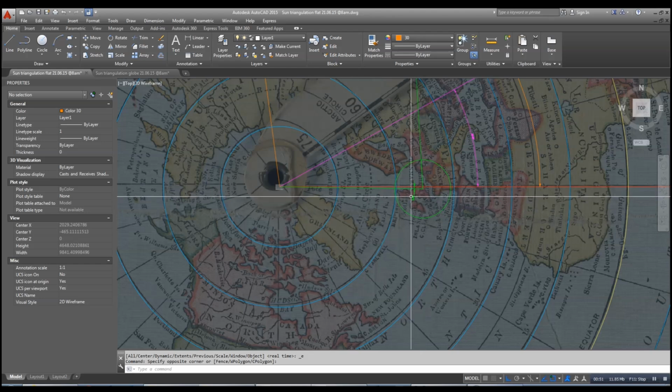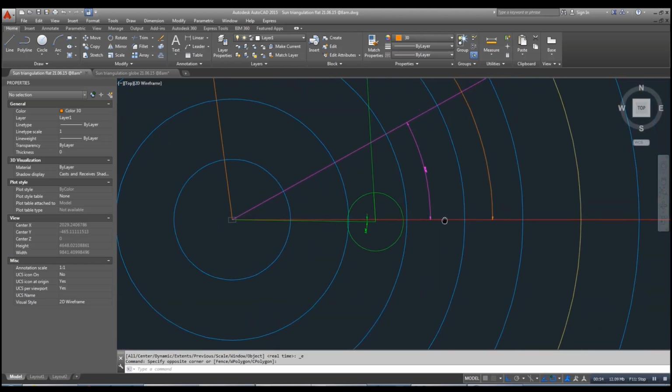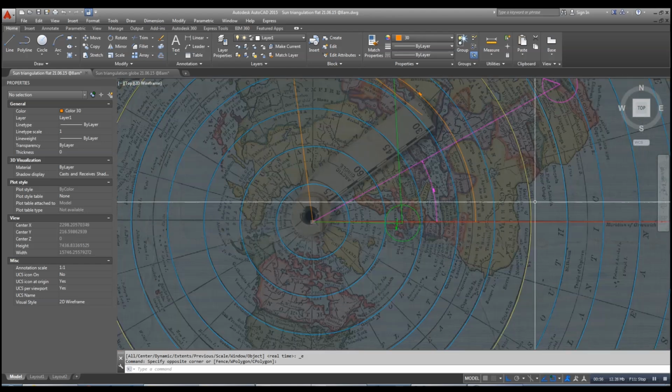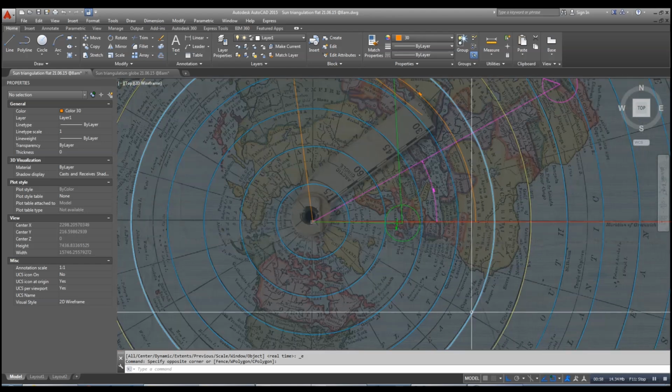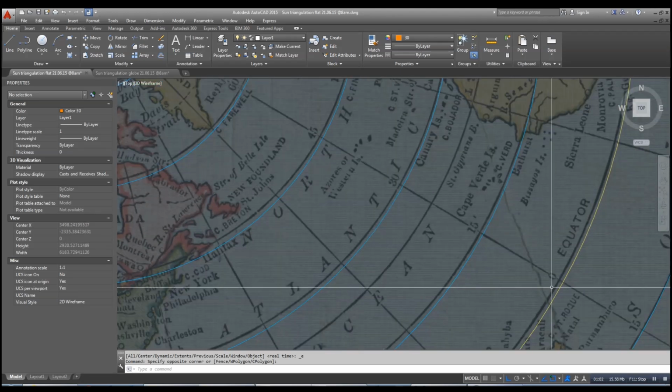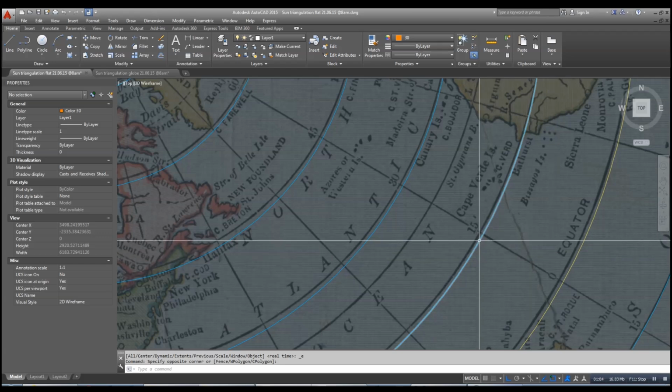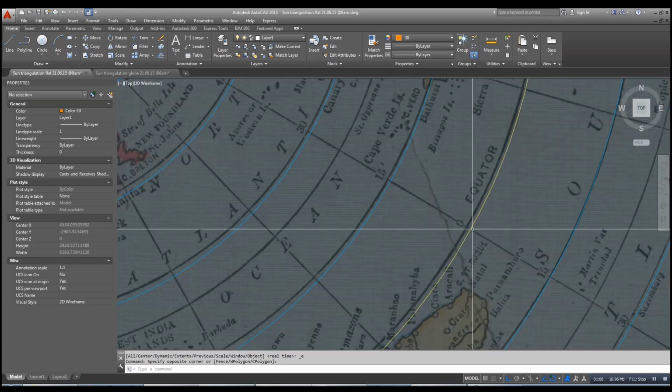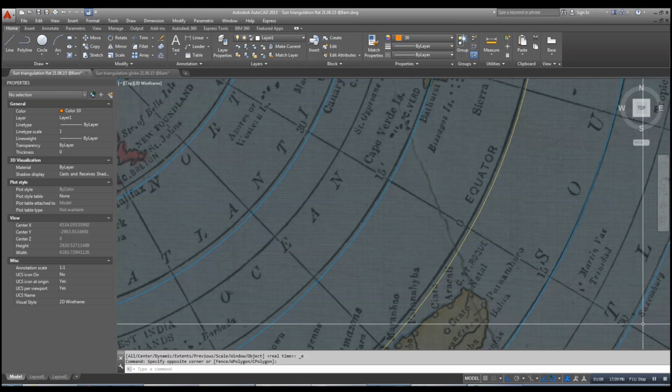So I drew the meridian on here, which is the red line again. The yellow line is the equator. These lines are all 15 degrees apart, so from the equator we've got 15 going up, and then from the equator we've got 15 going down towards the southern hemisphere.